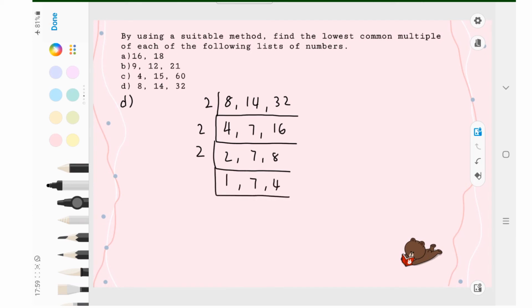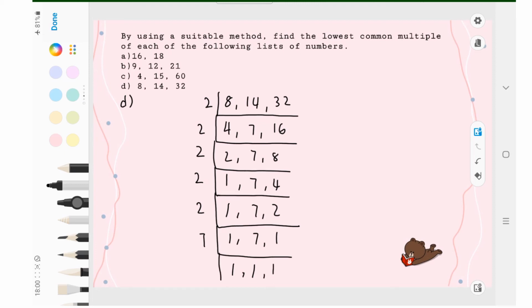Divide by 2, it becomes 1, 7, 4. Divide by 2 equals 1, 7, and 2. Divide by 7 equals 1. The LCM for 8, 14, and 32 is 2 times 2 times 2 times 2 times 2 times 7, which equals 224.